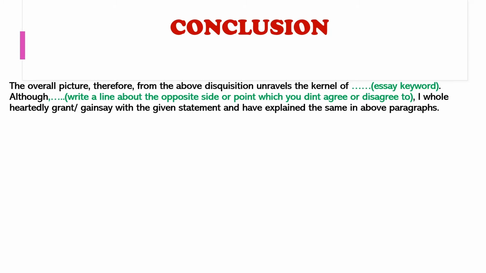So the overall picture, therefore, from the above disquisition, means discussion, unravels. Okay, unravels means opens, explains the kernel of the important part. Okay, so the overall picture, therefore, from the above essay explains the important part of art learning, something like that, the keyword of the essay.